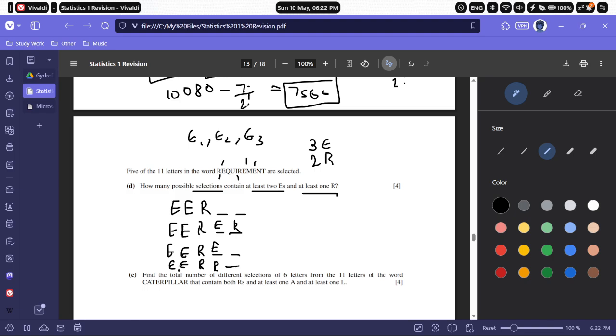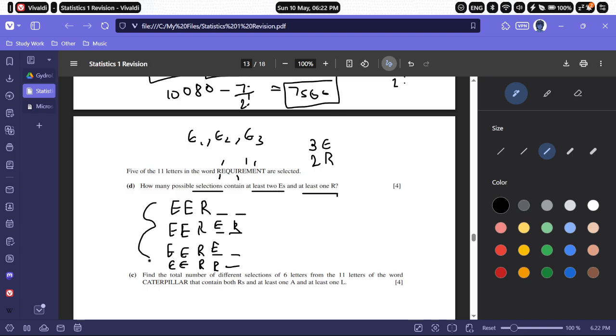E, E, R, E. Okay, I think that's the total number of cases you can have. Yeah, that's pretty much it.